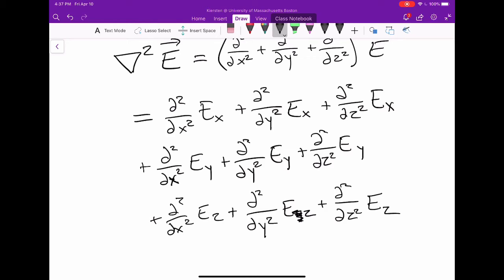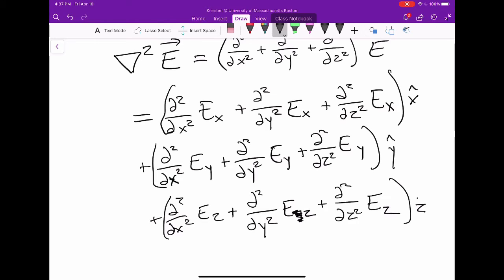All right, that looks right. So each of those second derivatives gets applied to each of the vector components of E. So we're doing all of that. And this is still a vector. So that's the x hat component. That's the y component. And that's the z component. Now we're good.